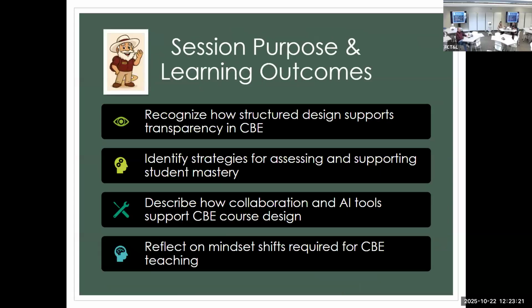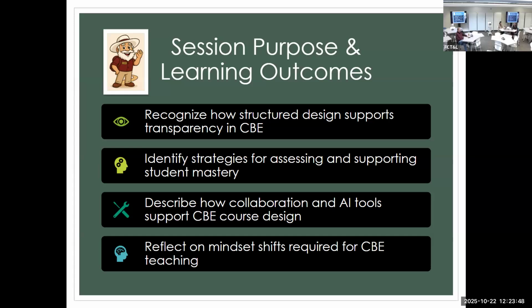Some of the learning outcomes are that we're going to recognize how structured design supports transparency in competency-based education classes. We're going to identify strategies for assessing and supporting student mastery. We're also going to describe how collaboration and AI tools supported our course design for the competency-based education course.